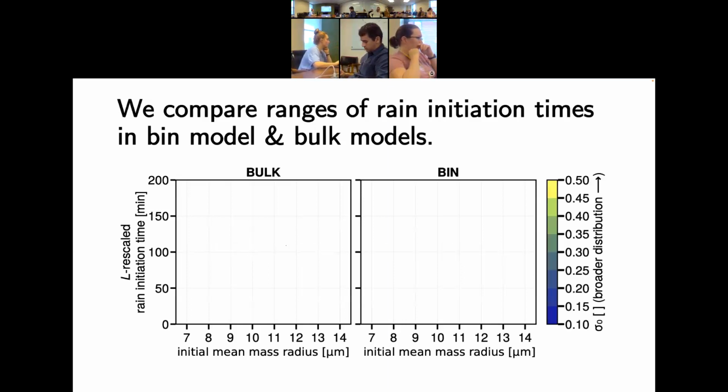Okay, and so for the bin model, we have specified how broad this distribution is, and so I'm going to show results in terms of the spectral dispersion, and so as you go from blue to yellow, you're getting from narrow to broad distributions.